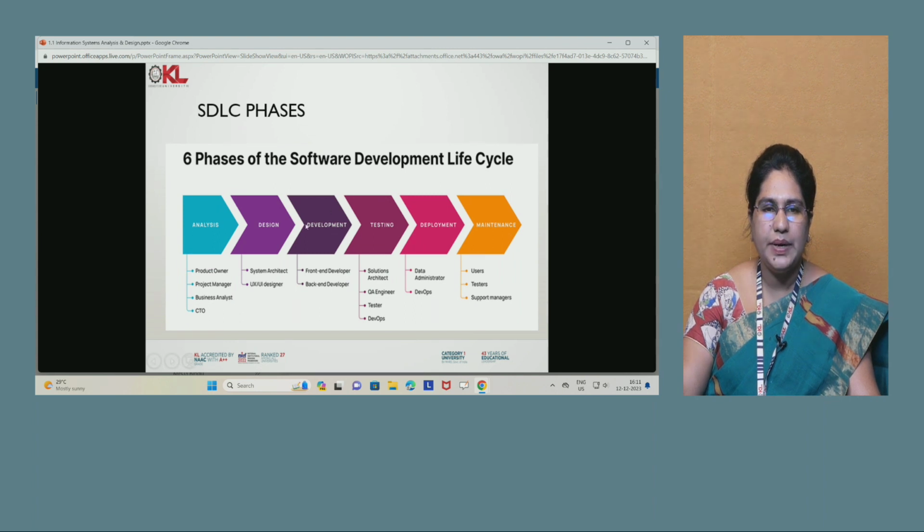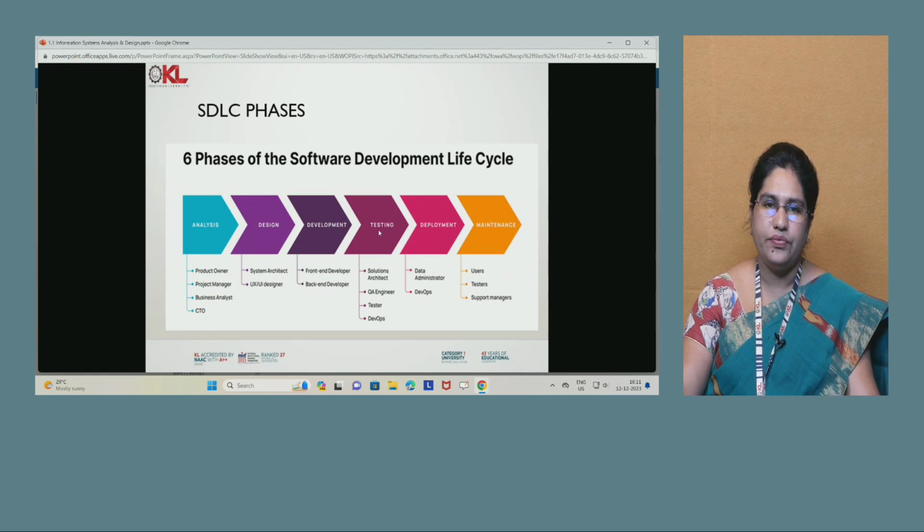After the development, we are going to test. In the testing phase, we identify the errors involved in the design. This is a very important one. In this stage, we test whether our required development is satisfying the requirements or whether there are any errors.